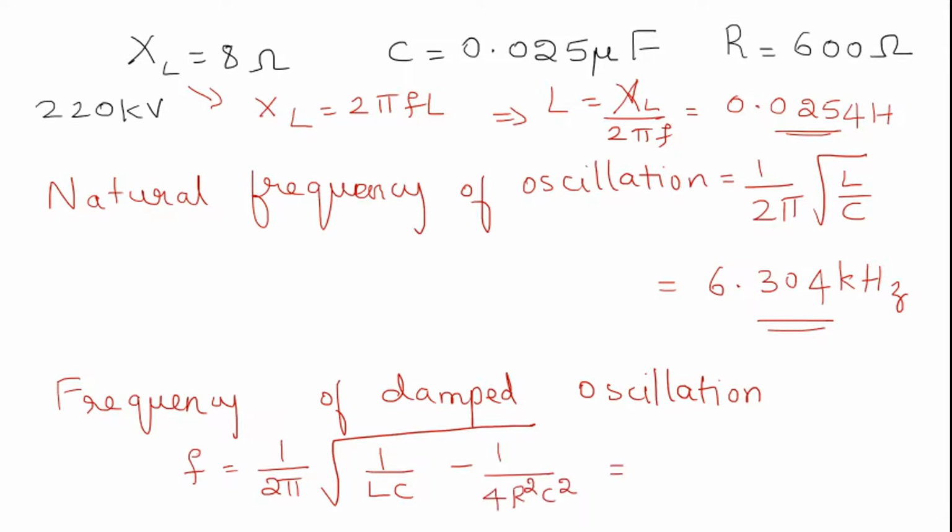If you substitute L as 0.0254, R as 600 and C as 0.025 microfarad, we get this answer as 3.413 kilohertz. So this is the frequency of damped oscillation.